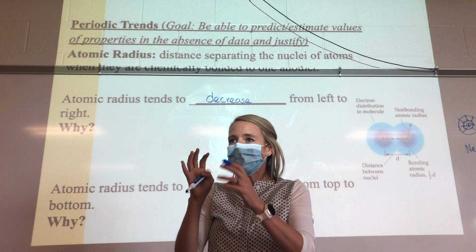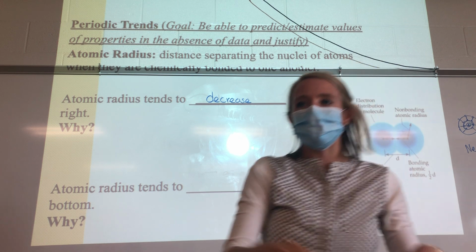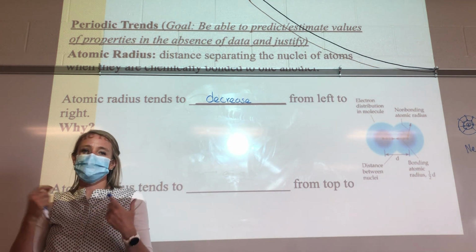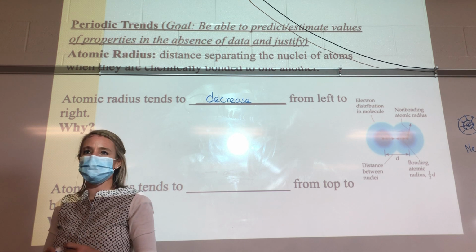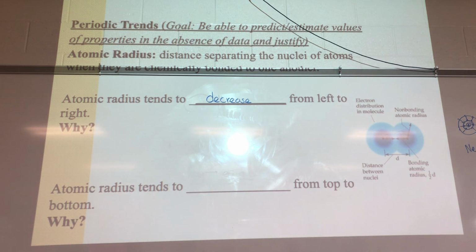I'll show you that and it's already in your notes. But I want you to write it into the Y so we can get better at explaining our answers. So I'll give you a second, fill in the Y. And then we'll make a prediction for the other direction.